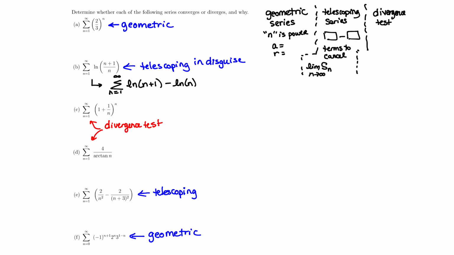So when you go to look at the arctangent, you're just flipping x's and y's.